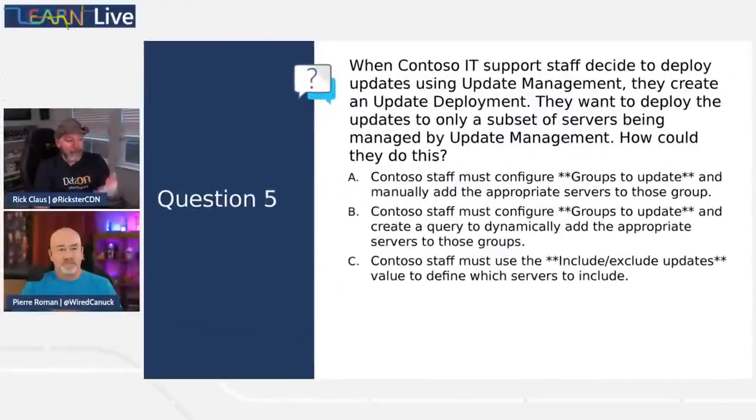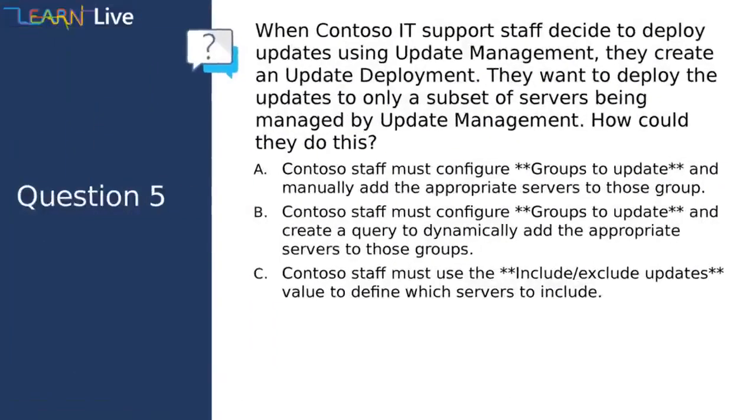That's because we were manually choosing items from the listing of machines, which was the second option when you're targeting the update process. So the manual process is not part of the groups update. That also identifies letter B as possible here. Contoso staff must configure groups to update and create a query to dynamically add the appropriate servers to those groups.